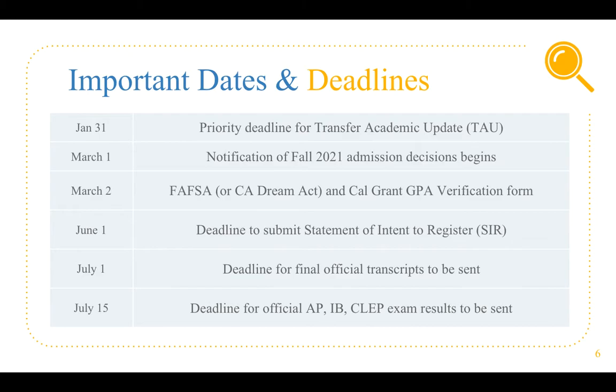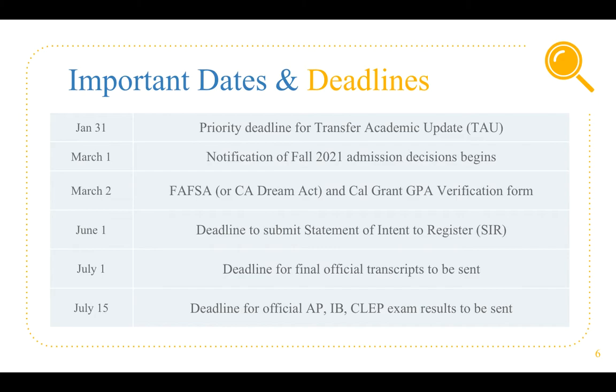Next is June 1st, which is your deadline to submit your statement of intent to register. That's after you've been offered admission and you're actually committing to a campus and saying that you're going to be attending that school. Next is July 1st, and that'll be the deadline for final official transcripts to be sent. You're not sending those transcripts unless requested until you've actually been accepted and committed to a school.